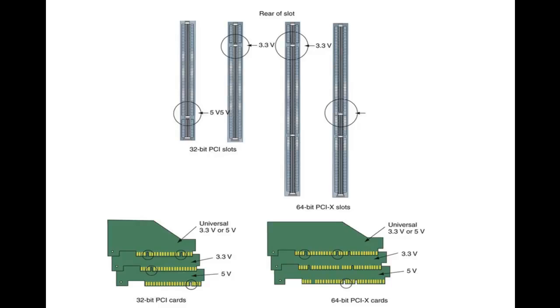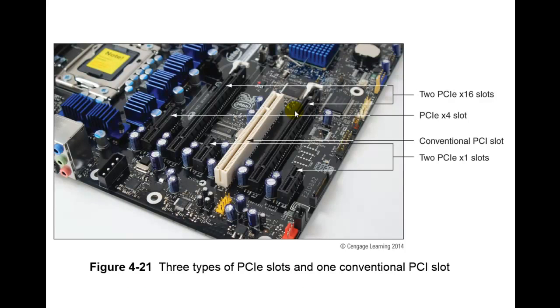When we move into PCI Express, this is going to use a serial bus, which is much faster than the parallel bus because it transmits data in packets, similar to how your Ethernet network or USB works. We'll take a look at those next. You can see those listed in this diagram.